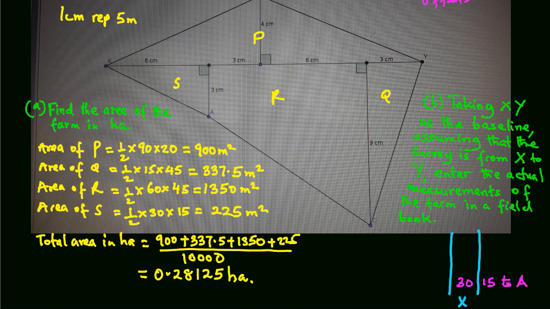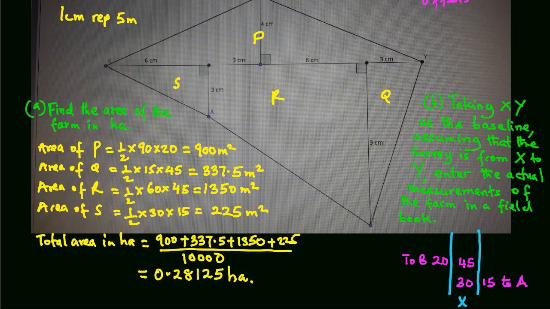The distance from X to the second offset is 45. And the length of that offset from the baseline is 20. So we indicate there to be 20.